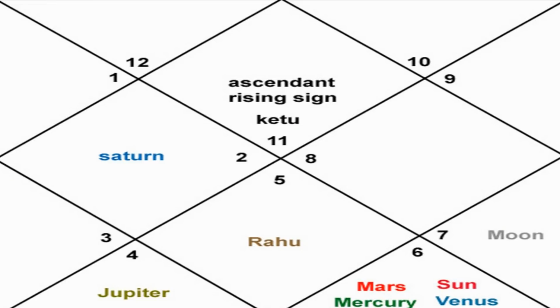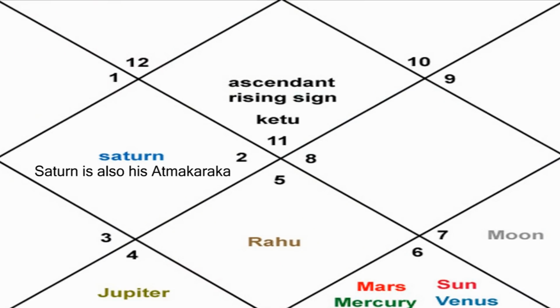And Mercury was also okay, but it really gave some downturns there. But why is it that Amitabh Bachchan ruled during the Saturn dasha? Well, not only is it his ascendant lord as a mahadasha, but it's placed in Kendra in the main birth chart in a friendly sign of Venus.